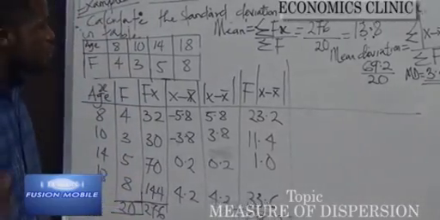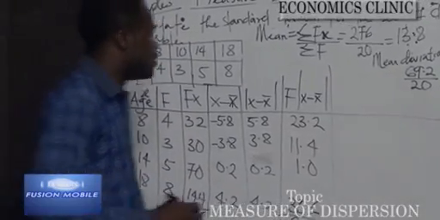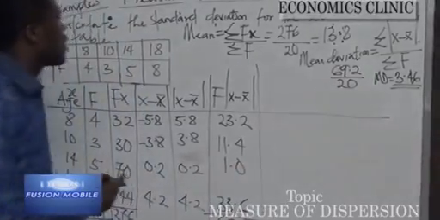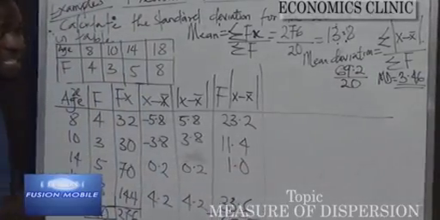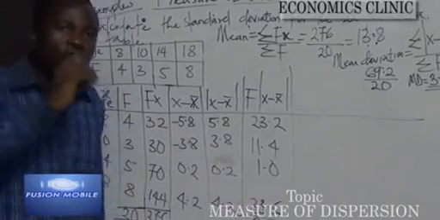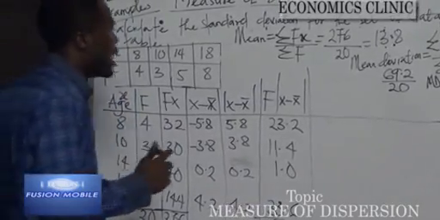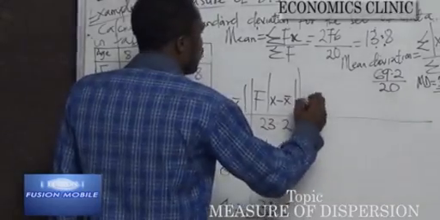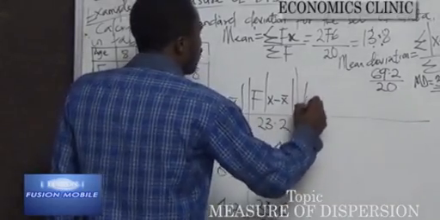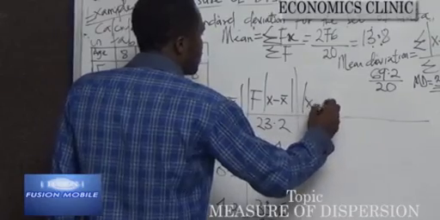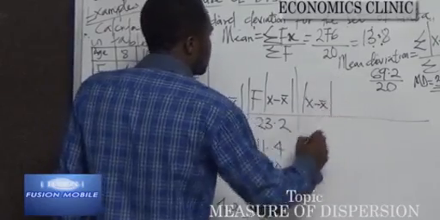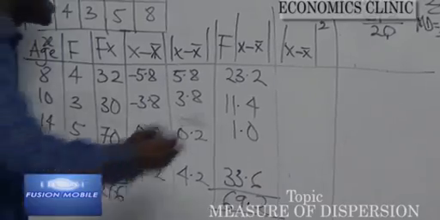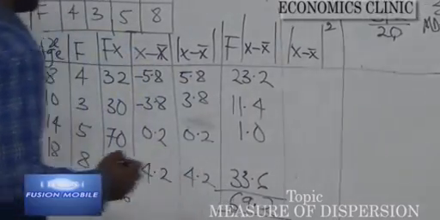Now we solve for variance. So how do we solve for variance? Before we solve for variance, we know that it is the square of modulus. So what we do here is to look for modulus x minus x bar squared. Now we solve for x minus x bar raised to power 2.